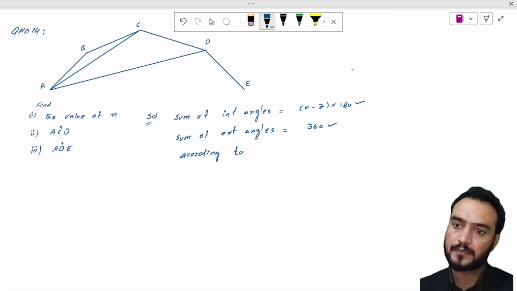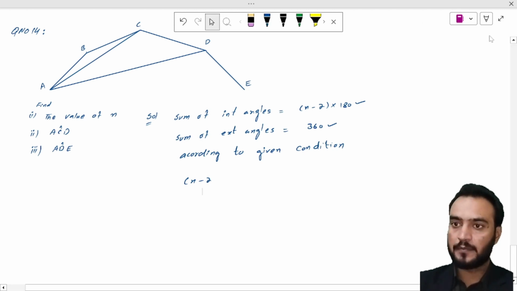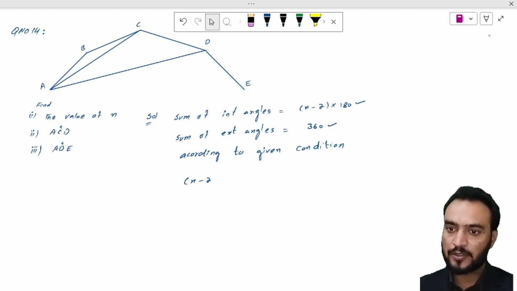According to the given condition, we put this ratio, that is the sum of interior angles, n minus 2 times 180, ratio the sum of exterior angles, that is 360, is equals to 5:1.